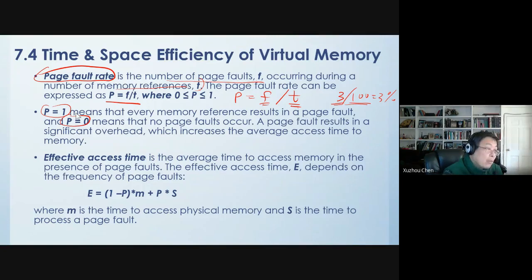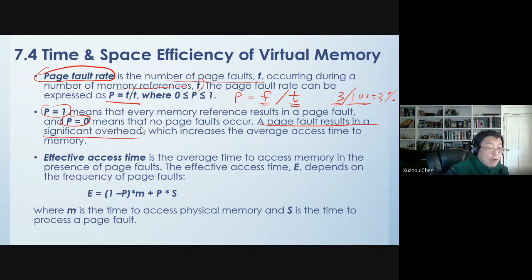Now, why do we care about the page fault rate? Because a page fault results in significant overhead. Remember, when a page fault happens, then you have to save the current page in the memory to the backing store, to the hard disk, if the page has been referenced or updated.